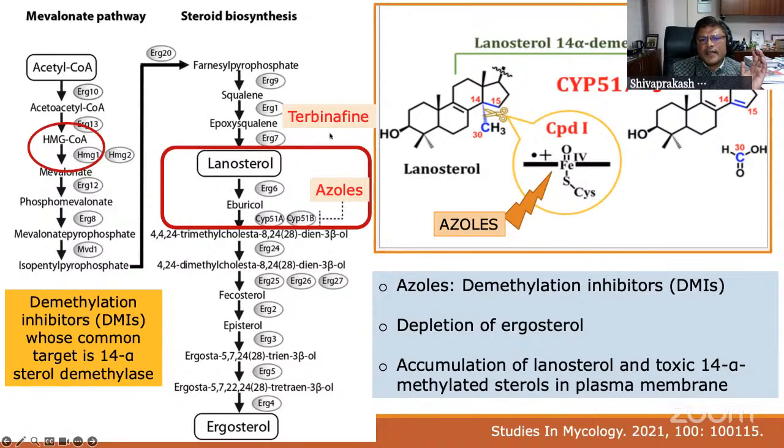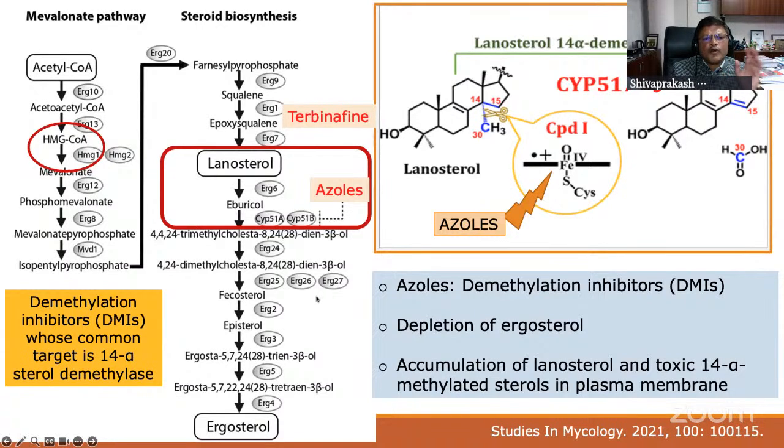Before going to the action, you have different enzymes in ergosterol synthesis: ERG1, ERG7. These convert farnesyl pyrophosphate to squalene, which is ERG9. Squalene to epoxysqualene is ERG1. Similarly, ERG6, CYP51A, CYP51B, ERG2, like that, many enzymes are there.